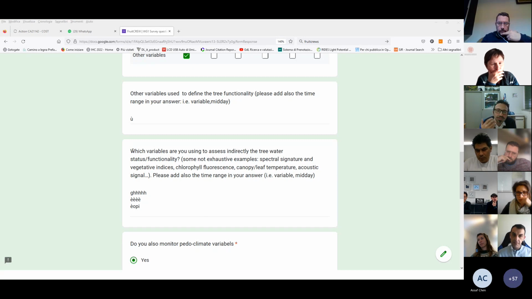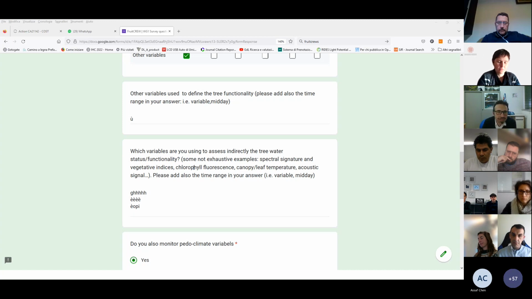This question is linked to some, let me say, indirect variables that we used to measure to have an idea about the plant status. So which variable are you using to assess indirectly the tree water status or functionality?